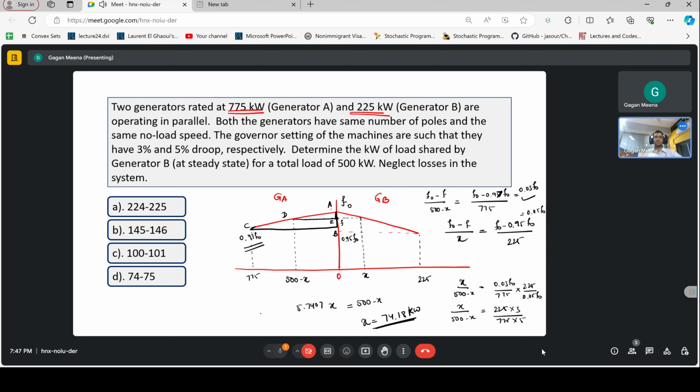X is 74.18 and 0.05 F naught divided by 225. F is 0.983515 F naught.